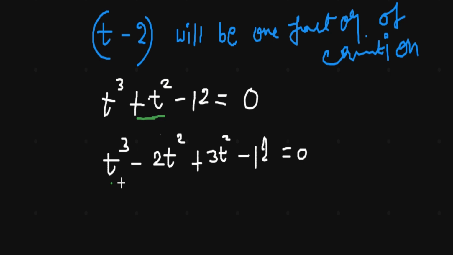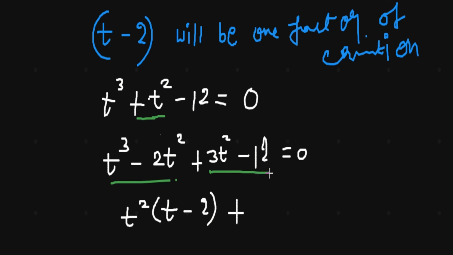So again we can take common t square in this, so we can write t square into t minus 2 plus 3t square minus 12.